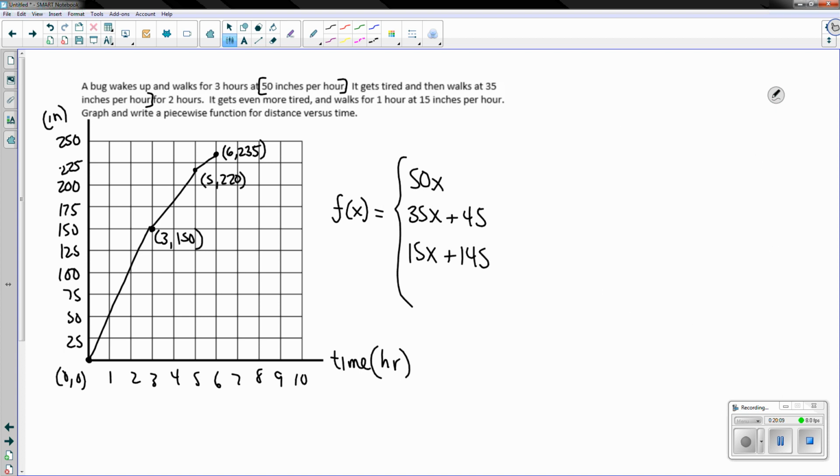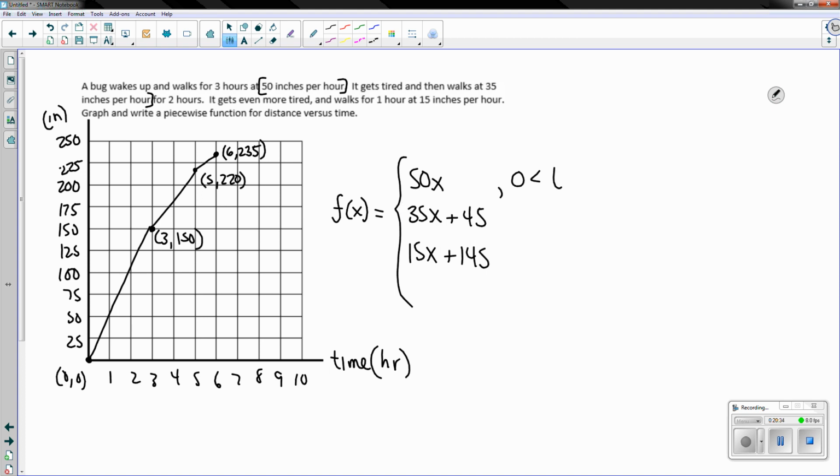Now the only thing left to do is to mark off these domain restrictions. So for the first one, the bug wakes up and walks for 3 hours. So for hours 1, 2, and up to 3, so we're going to say from 0, we could include 0 or not. We'll say that the thing starts after 0 or kicks in right after 0.